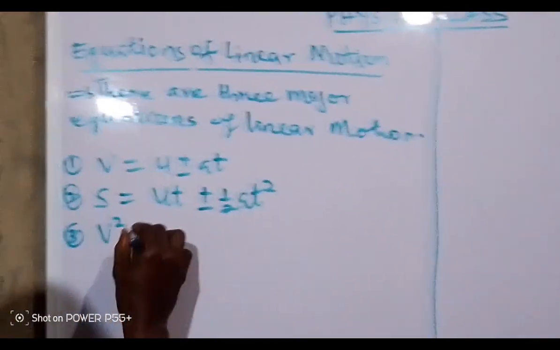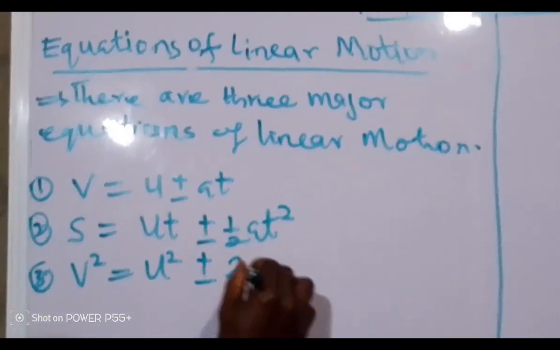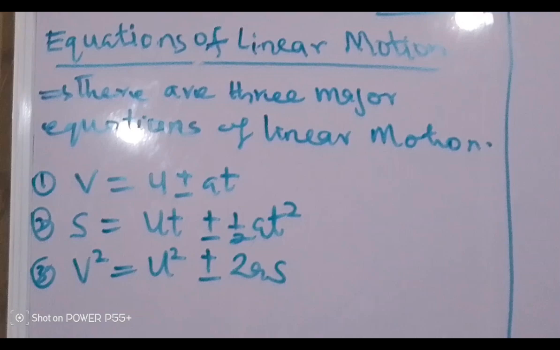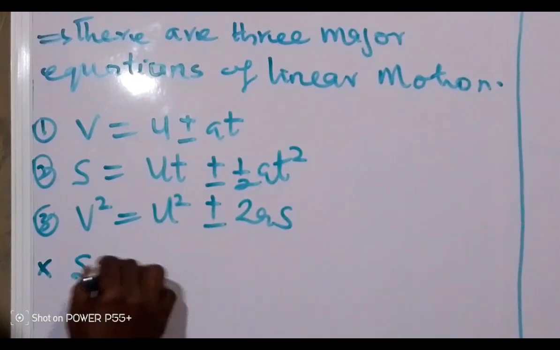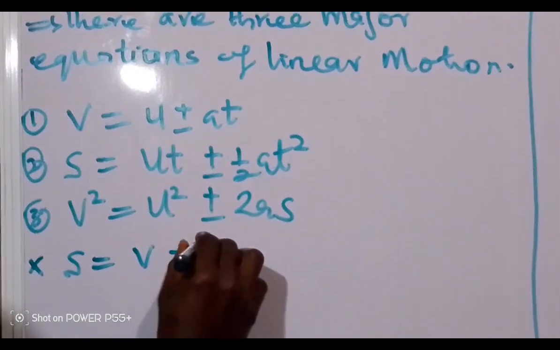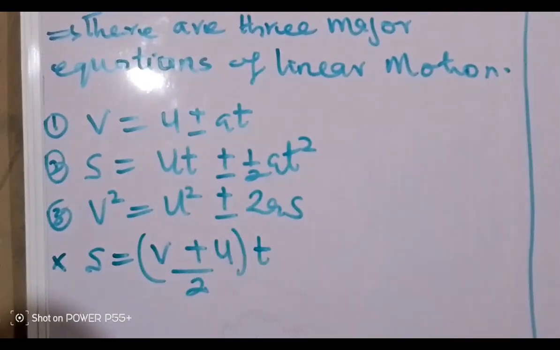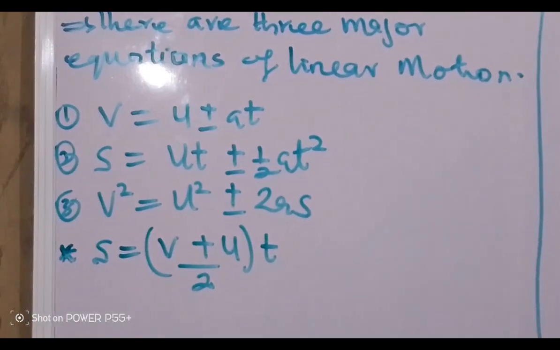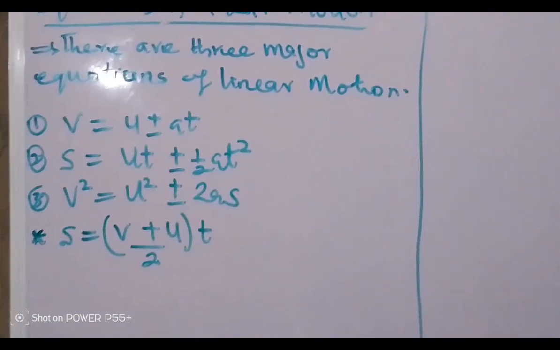V square is equal to U square plus or minus 2AS. Well, let me add this one to make it number 4, which is S is equal to (V plus U) over 2, into bracket T. I started with this one as number 4, but majorly we have these three equations.